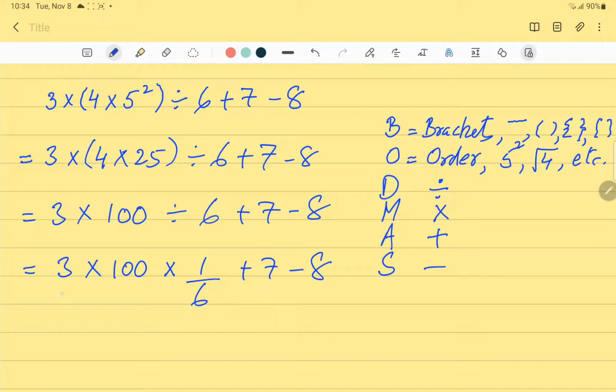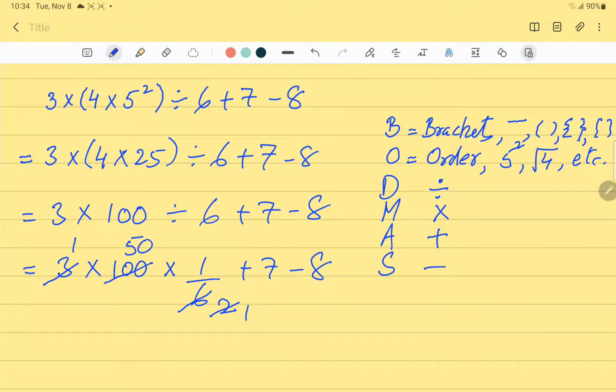Now we have three numbers with multiplication sign in between, so we can solve all the three together. 3 2s are 6, 3 1s are 3, 2 1s are 2, and here it will go by 50.